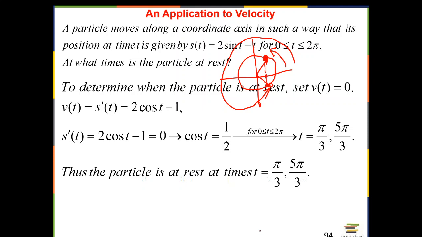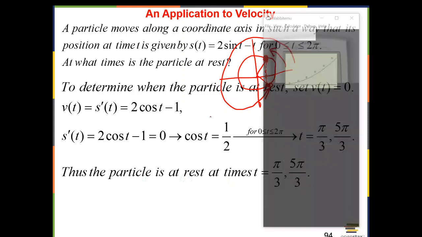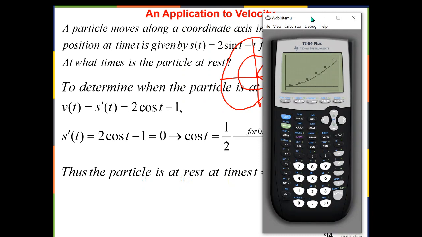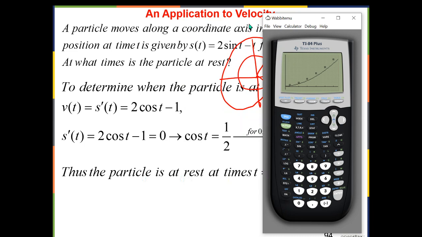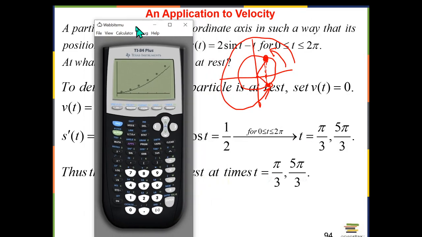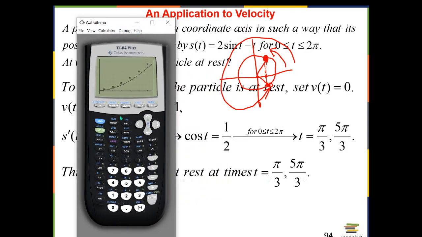So let's see. Calculator, I think I opened 2 calculators. Here you go. I closed one of them. So with the calculator, if you want to know the answer in degrees, you can go to mode and change it to degree.